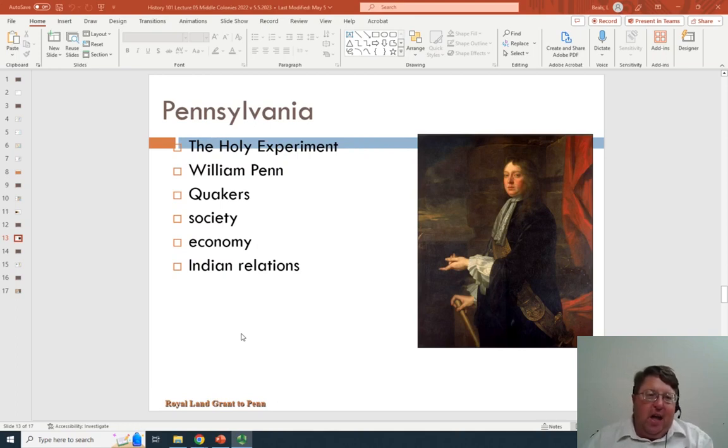Now, the caveat is you can go to the primary documents, and there are Quakers that own slaves, but in general, when you study Quaker ministers and Quaker churches, Quaker ministers tended to preach against African slavery and free labor.